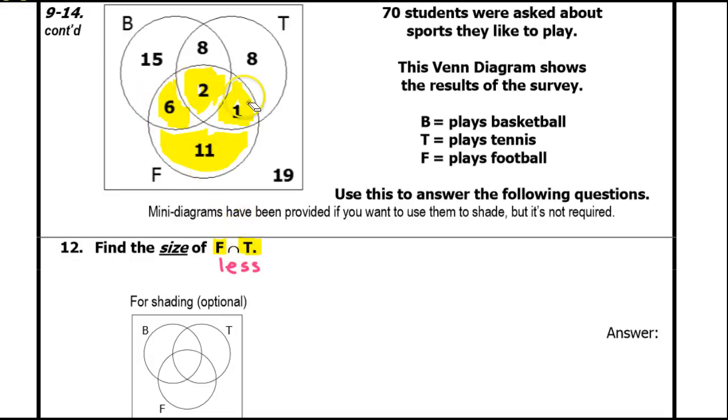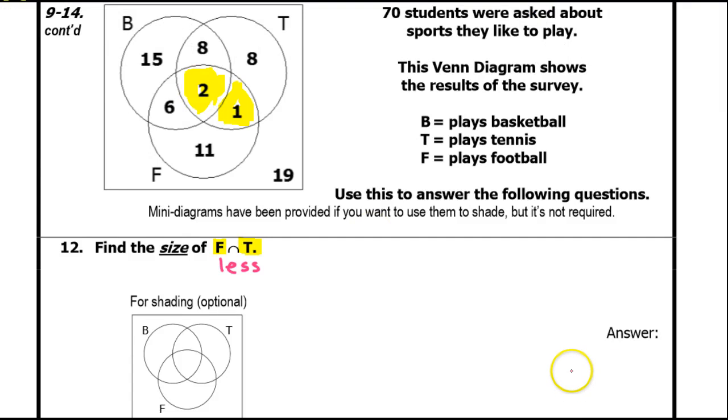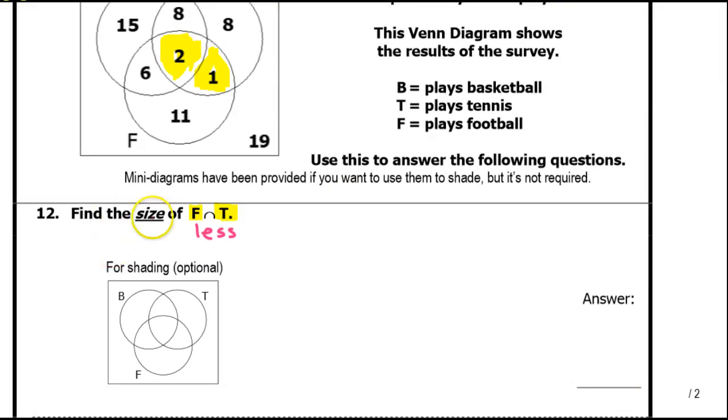The 2 and the 1 are also inside of T. They also play tennis. So these have to go. That's me making it less, and that's what I mean by and is less. So these are the numbers I'm going to use. 3. So that's just plain the answer. It says the size, not the probability, so I'm just going to put 3.